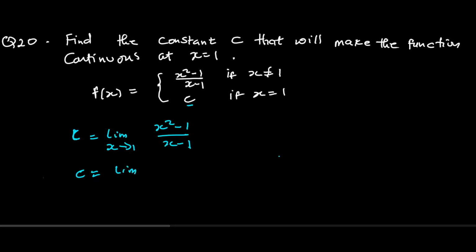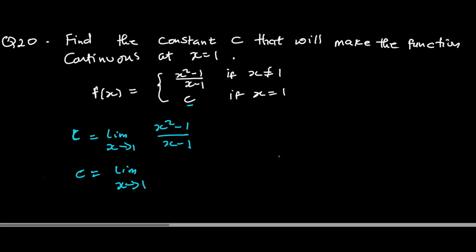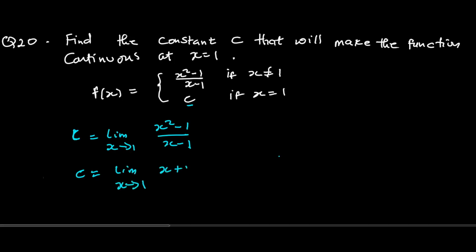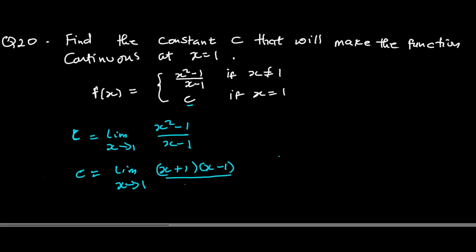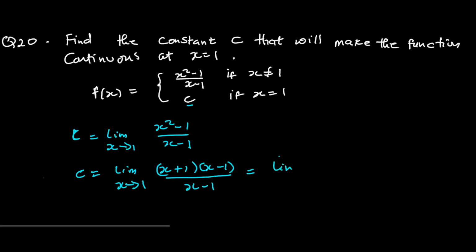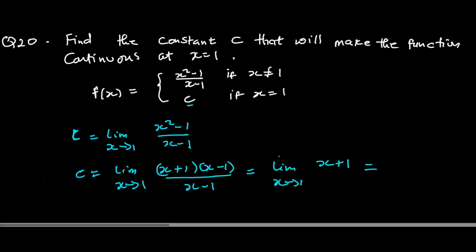Limit as x approaches 1, we have (x plus 1)(x minus 1) from the numerator over x minus 1, and this should give us limit as x approaches 1 of x plus 1. Then we substitute 1 in, and we have 1 plus 1, and that will be equal to 2.